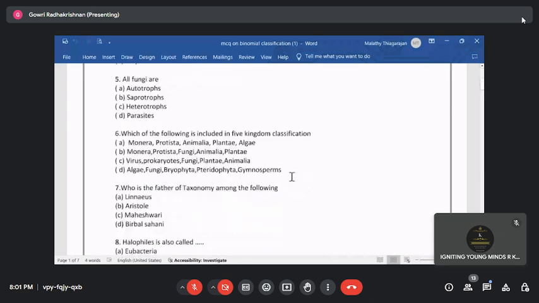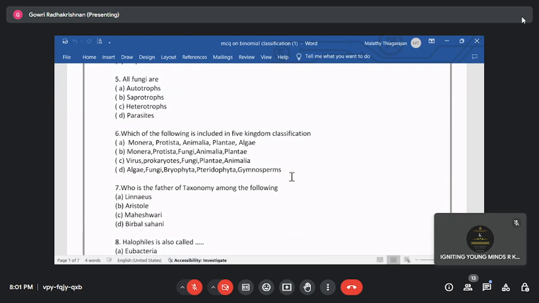All fungi are heterotrophs, ma'am. Autotrophs, saprotrophs, parasites. Please explain what autotrophs are. Autotrophs synthesize their own food. Saprotrophs feed on dead material.